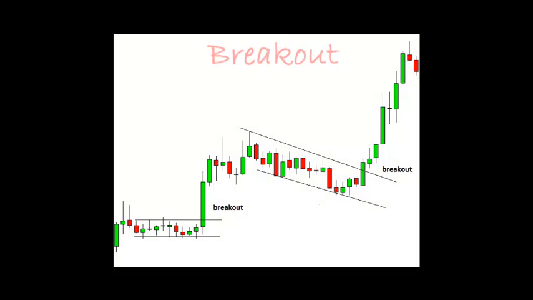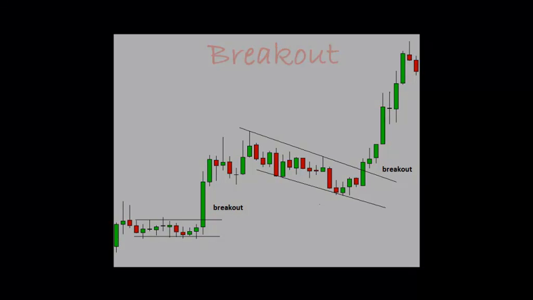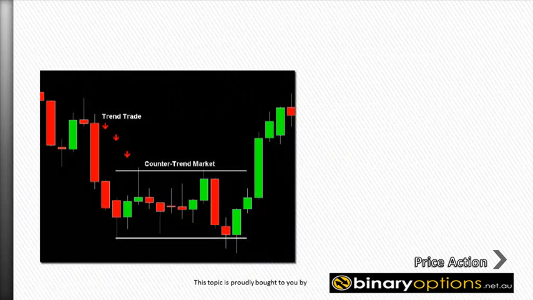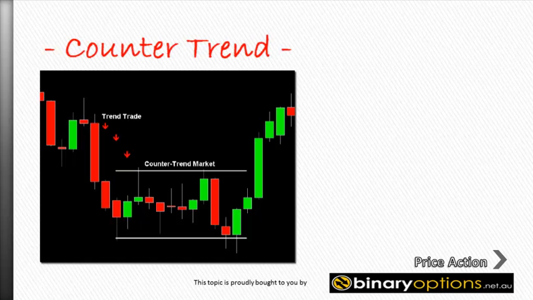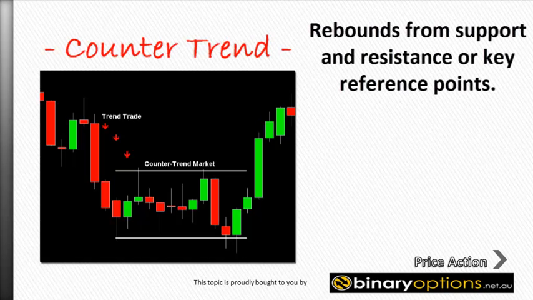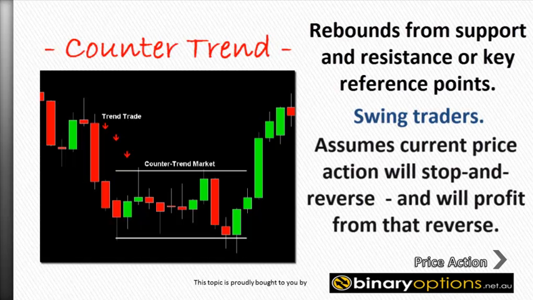Counter-trend binary option strategies are based on rebounds from support and resistance levels or key reference points. Generally used by swing traders, a counter-trend strategy assumes that a current price action trend will stop and reverse, and when it does, attempts to profit from that reversal.